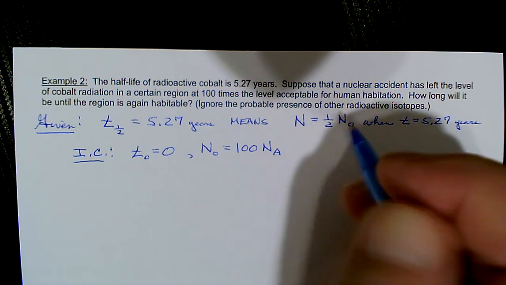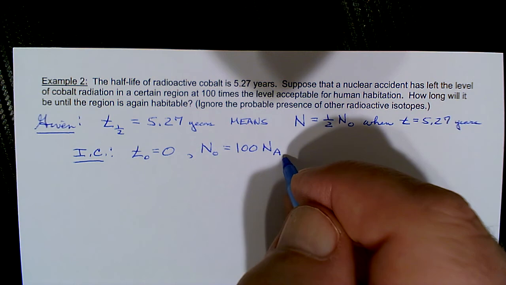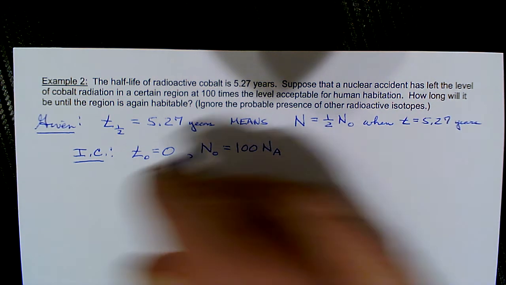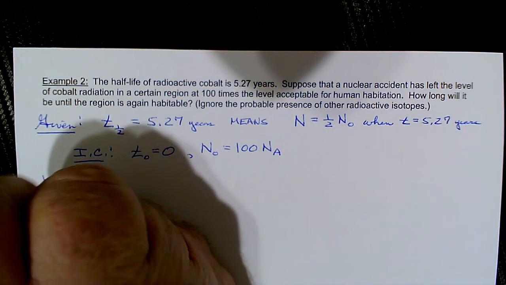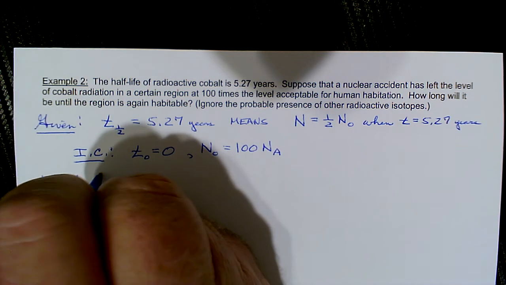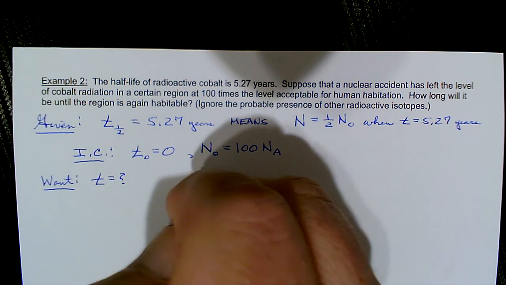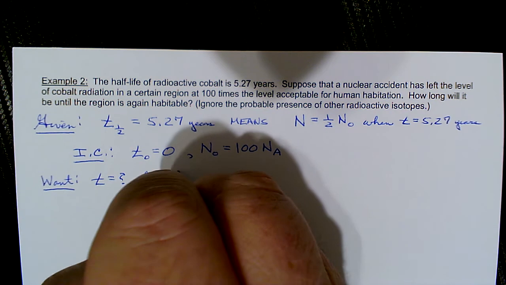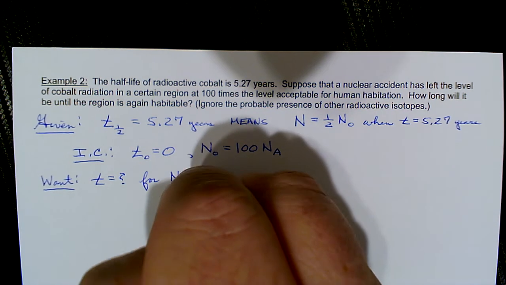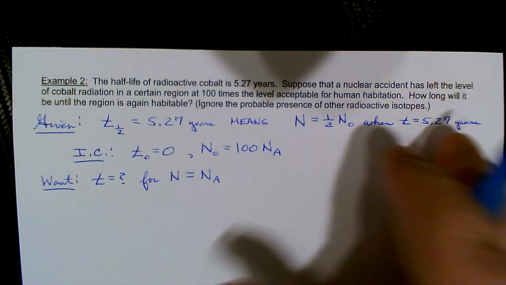But we do know that the original amount is 100 times what is acceptable. And what we want is the time it takes for the amount to reach back down to the acceptable amount, n equaling n sub a.